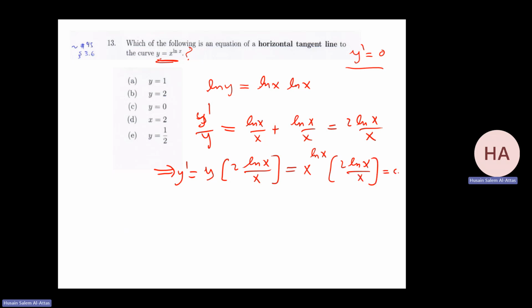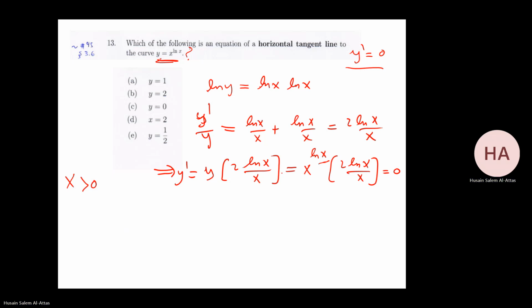I want this to be equal to 0. Now this x should be greater than 0, because ln cannot be defined unless x is greater than 0.